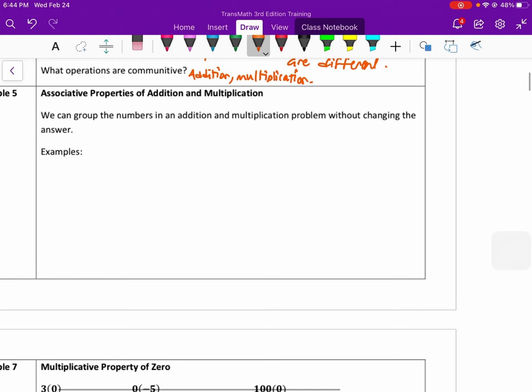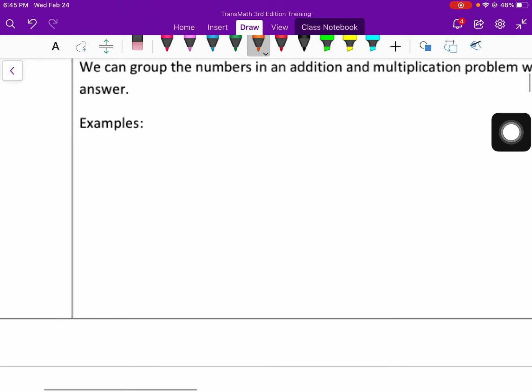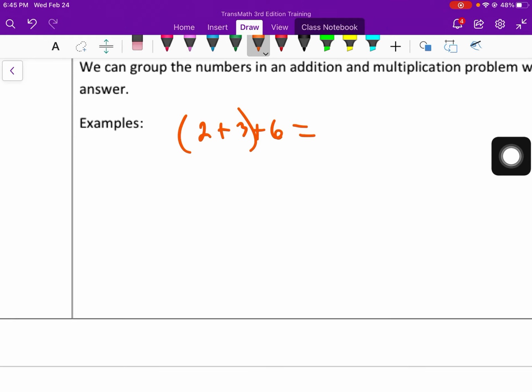We can group the numbers in an addition and multiplication problem without changing its answer. So this is the associative property. So if we have 2 plus 3 plus 6 and we group it like this, we would add 2 plus 3 first, so that would be 5 plus 6 equals 11.